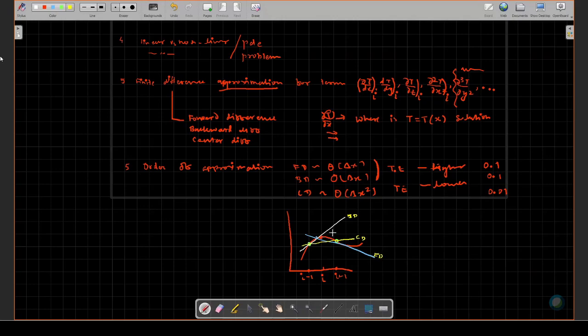But the actual slope at this location is like this. So this is the actual solution. Now you see this actual solution has a certain slope.